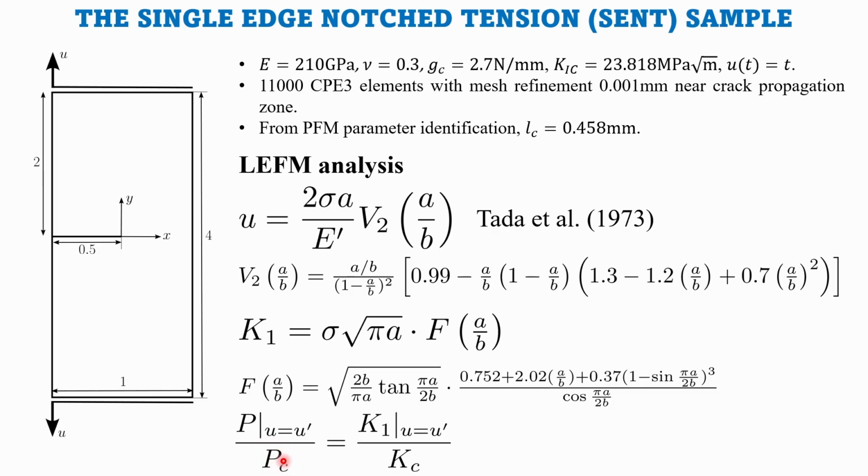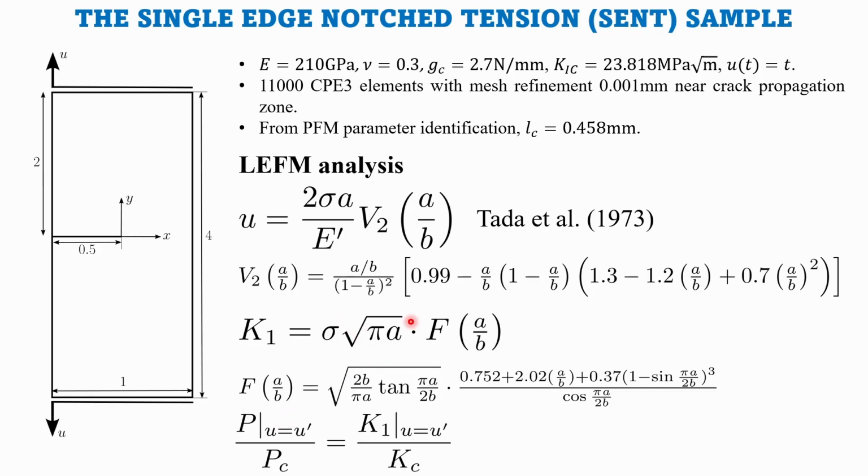PC is your critical applied load, and Kc is your fracture toughness, and this is your SIF. Okay, so if we know the applied stress and the area of cross section, which is essentially 1 into 1 depth, you will be able to calculate P.